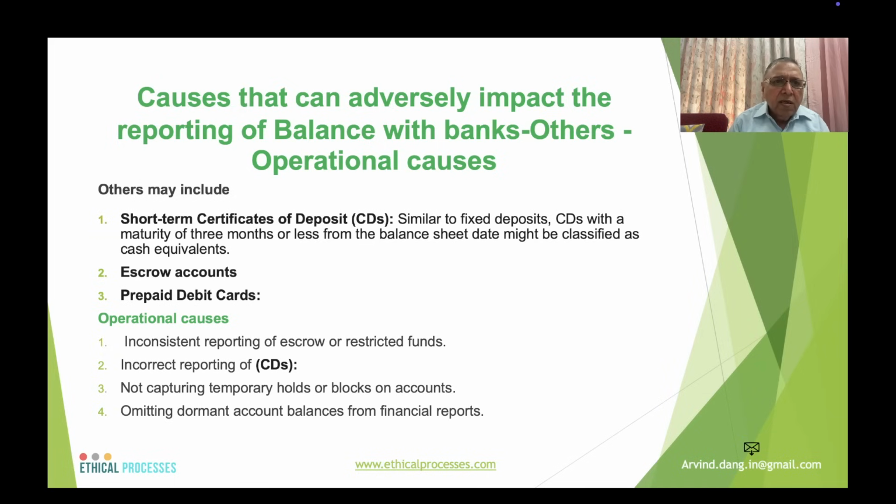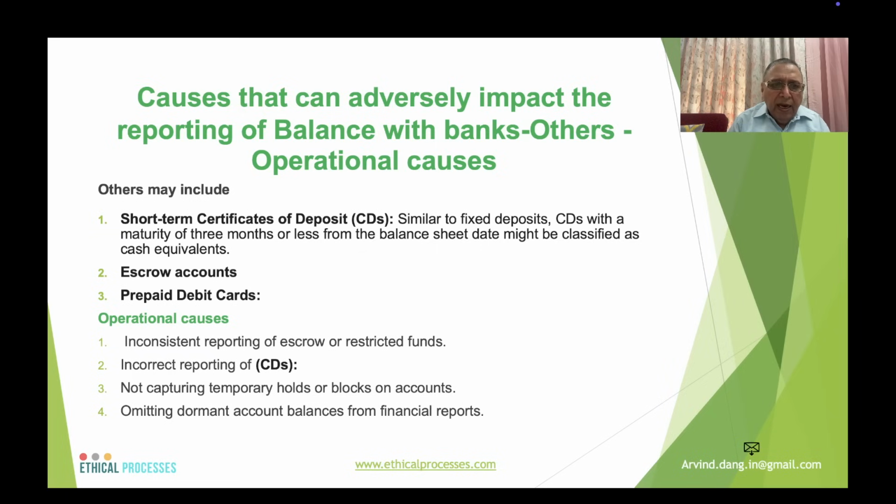Operational causes related to the reporting of the bank others. Now, others may include short-term certificates of deposit, CDs, similar to the fixed deposits, with a maturity of 3 months or less from the balance sheet date. They can be classified as such. Then escrow accounts, then prepaid debit cards. Subtle points but important points.